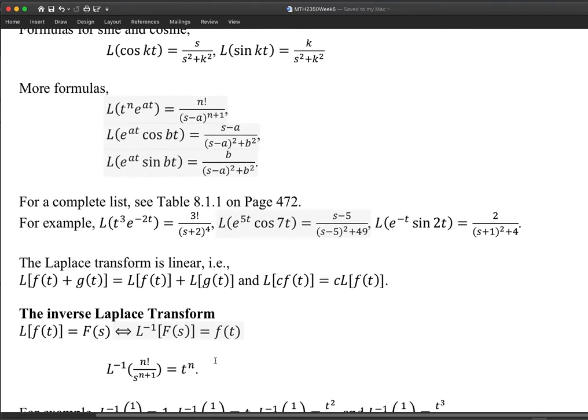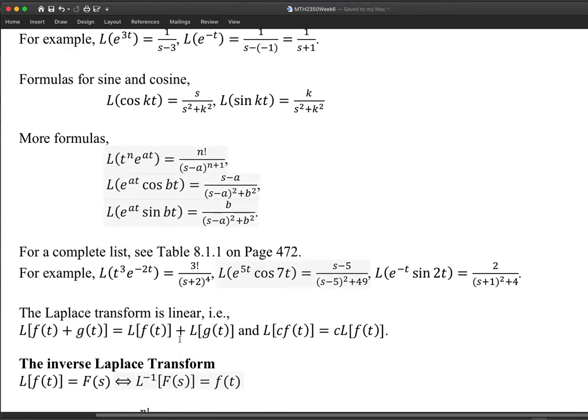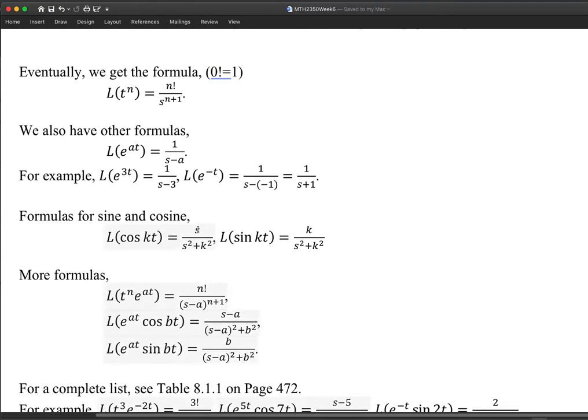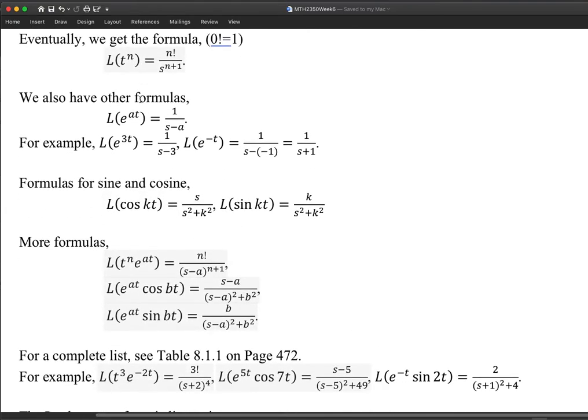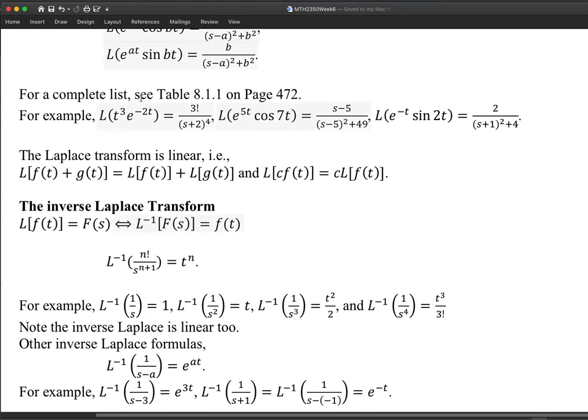Basically, all the formulas we just reviewed can be reversed into inverse transforms. If we have the inverse Laplace transform of n factorial over s to the n plus 1, that is t to the n. That is the transform from s to t.